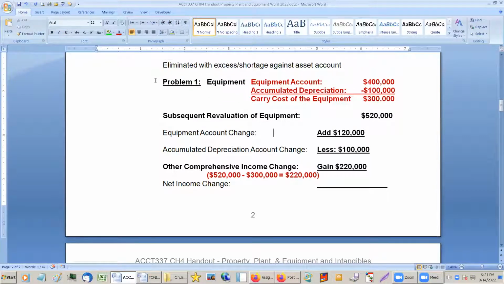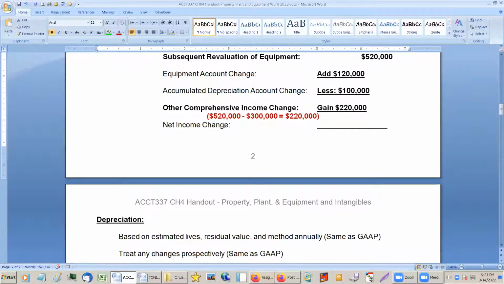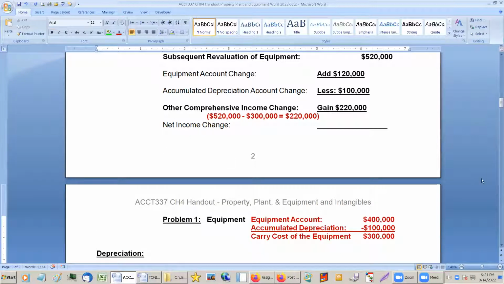So here's what this is gonna look like when we're done. I'll put it down here. When we're done, this is gonna look like this. It's gonna be 520,000. This is gonna be 0.